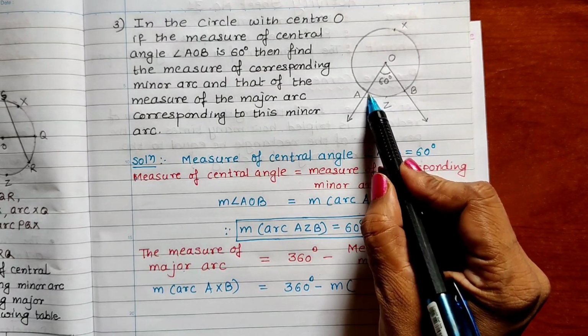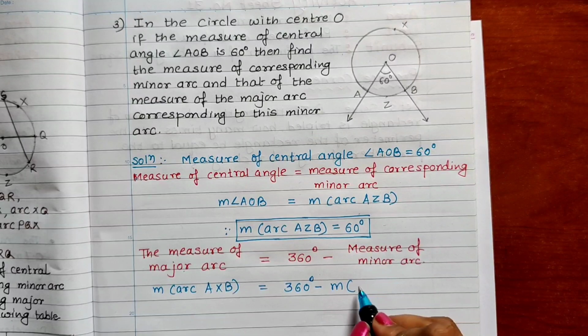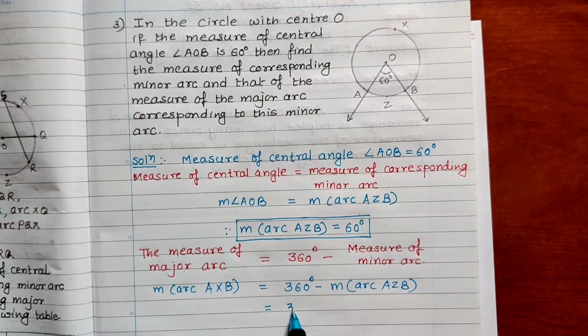which is the smaller arc. AZB is the smaller arc. So arc AZB. So it is equal to 360 degrees minus, how much is AZB? We have got 60 degrees. So 360 minus 60 is 300 degrees.